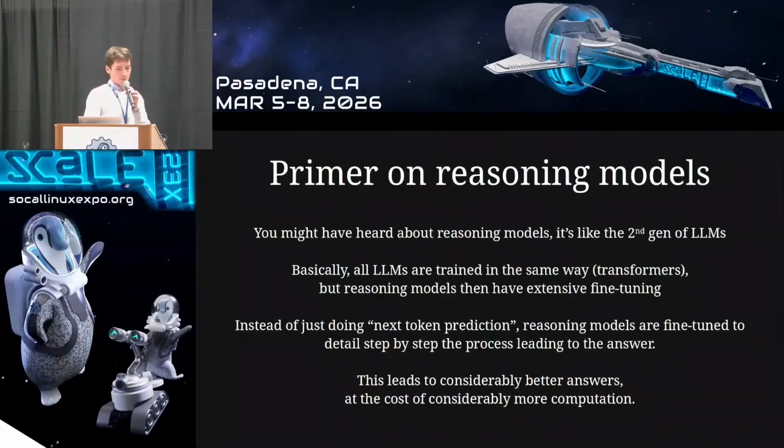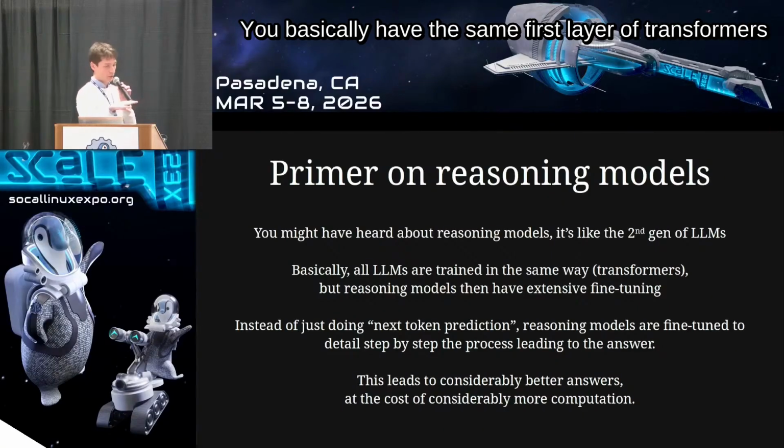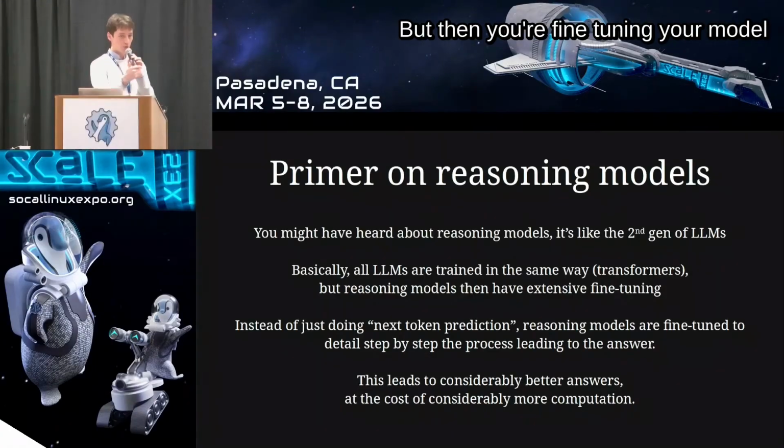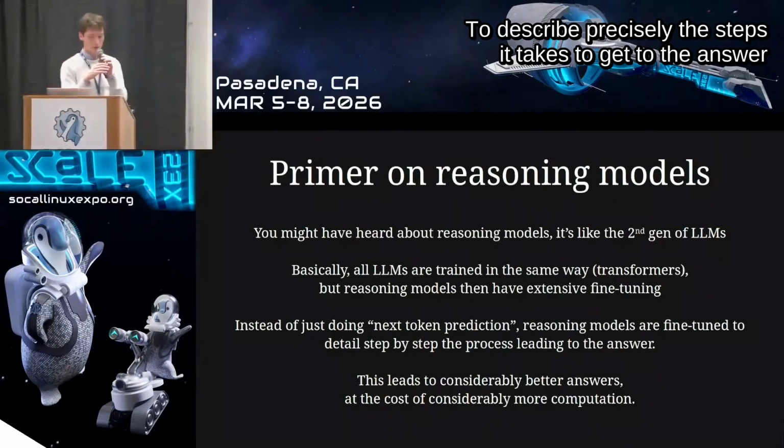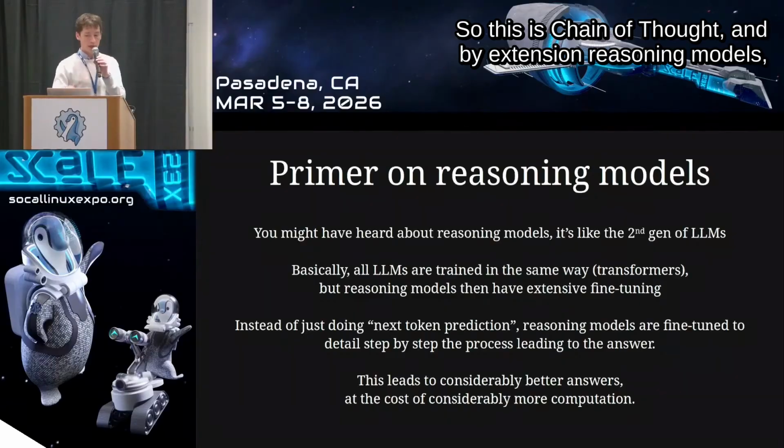How it's performed is you basically have the same underlying layers of transformers, but then you're fine-tuning your model to describe precisely the steps it takes to get to the answer. So this is chain of thought, and by extension, reasoning models.